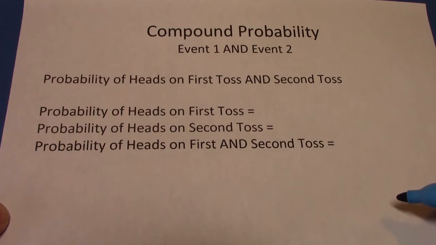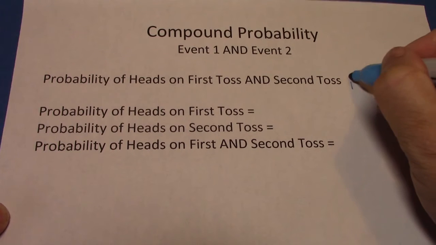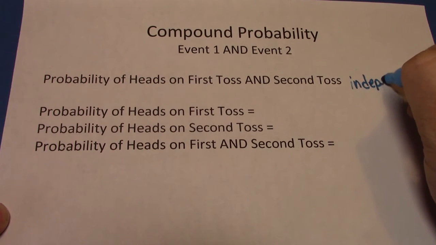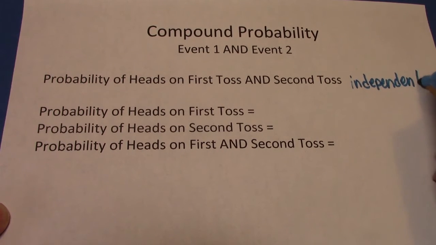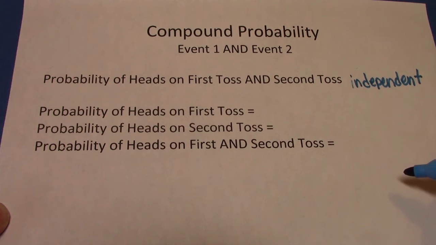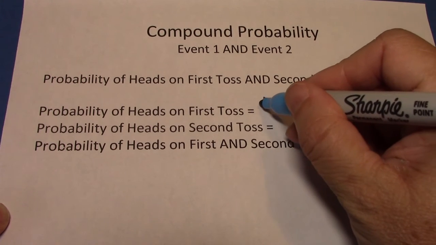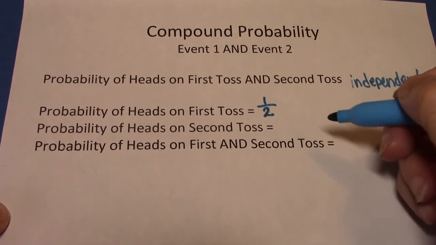Let's find the probability of 2 events. They're both coin tosses, and we want to know the probability that we would get heads on both the first toss and the second toss. These are independent events. That's because the probability won't change for the second coin toss just because the first toss occurred. The probability of heads on the first toss is still 1 out of 2.